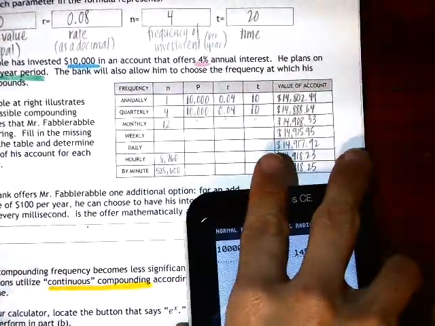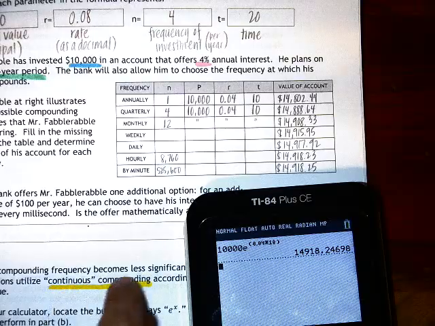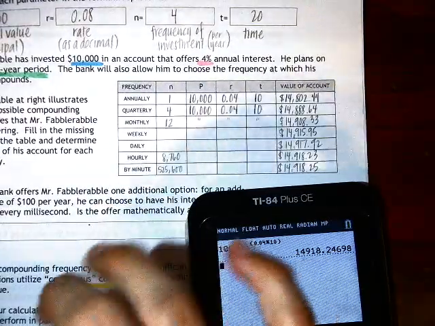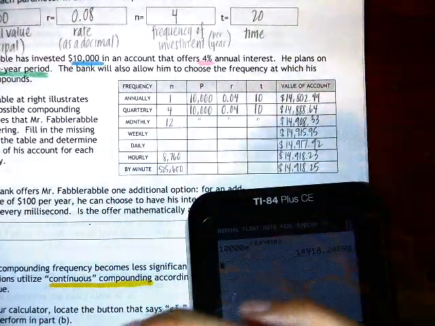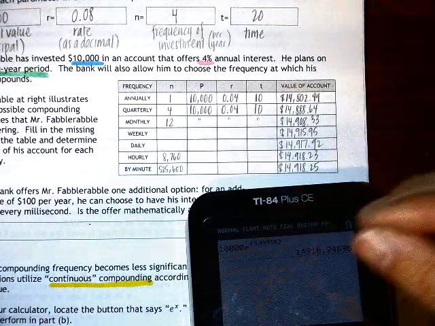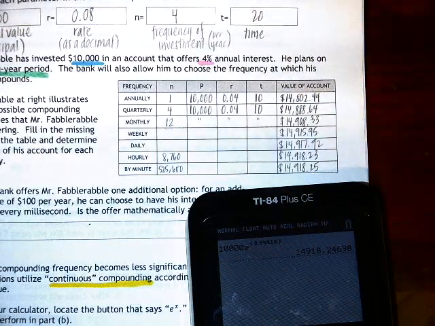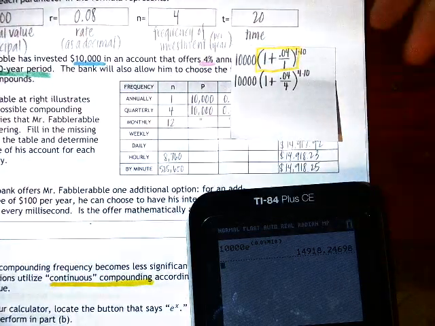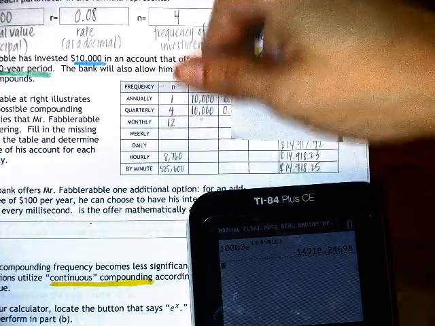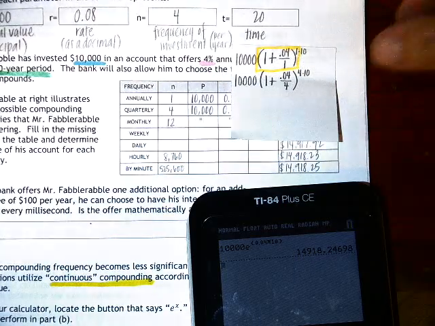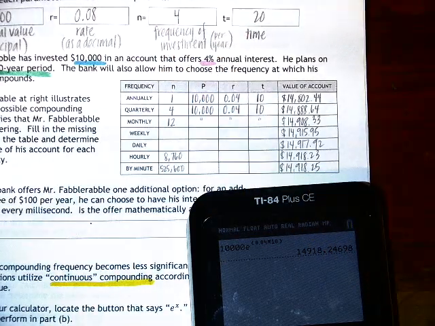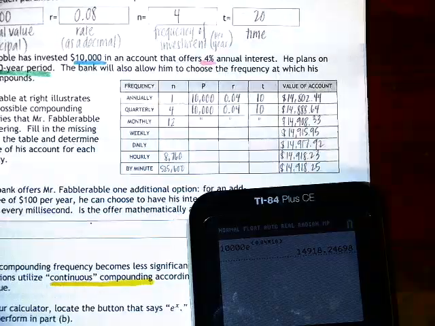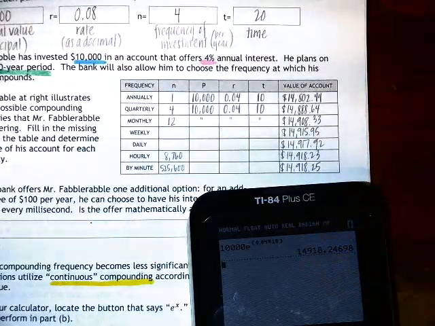PERT is really only for continuous compounding, when we want to compound so often that we'd do tons and tons of calculations. The compound interest formula will still be valid for things like quarterly. That's only 4 calculations. We can do that. Monthly, that's only 12. We can do that. But continuous, that's millions and millions of calculations, so we're going to use PERT for that.